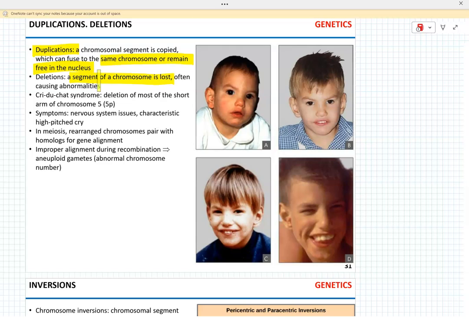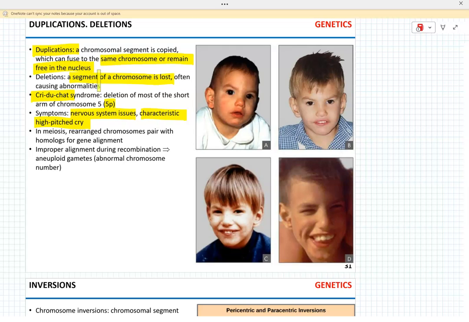An example of such an abnormality is Cri-du-Chat syndrome, in which most of the short arm of chromosome 5 is, well, deleted. Developmental cognitive issues, a characteristic high-pitched cry in newborns, and overall abnormalities in physical and cognitive development are associated with Cri-du-Chat syndrome.